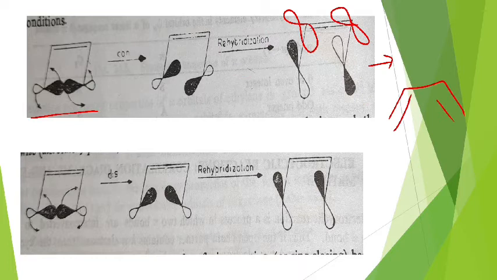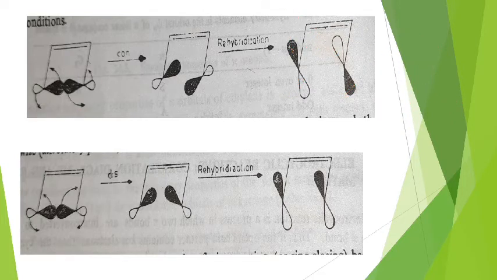These p orbitals are now sidewise overlapped with the adjacent p orbital present on the adjacent carbon atom to form a new pi bond. As a result, we get this type of compound. So the closed cyclobutene forms the open chain structure of butadiene.